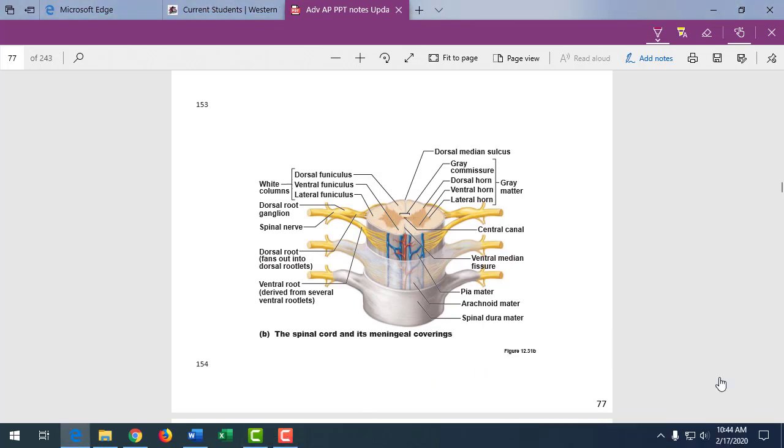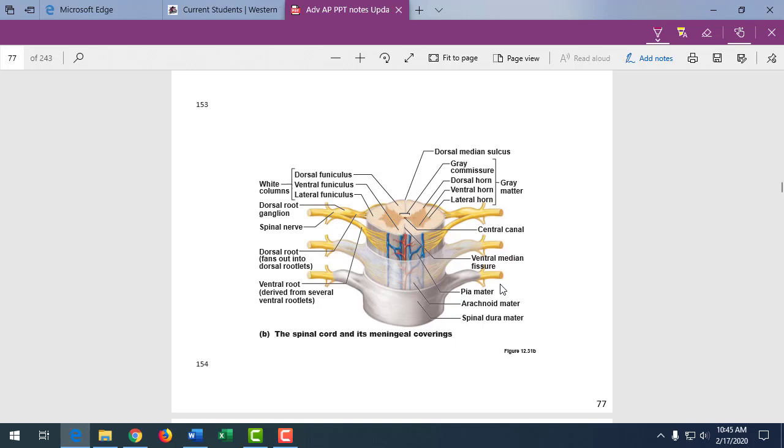So we're going to continue on then, talking about just some more structural pieces of the nervous system. So this is a cross-section of the spinal cord. Remember, we have 31 pairs of spinal nerves coming into the spinal cord, and we have 12 pairs of cranial nerves coming into the brain.